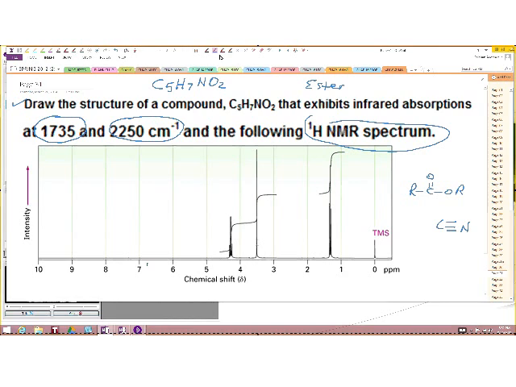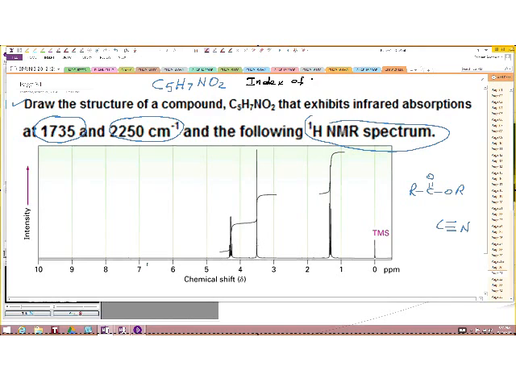Now the formula is this here. Now if we do the index of hydrogen deficiency for this, for those of you who were not in my class last semester, let me give you the formula here.